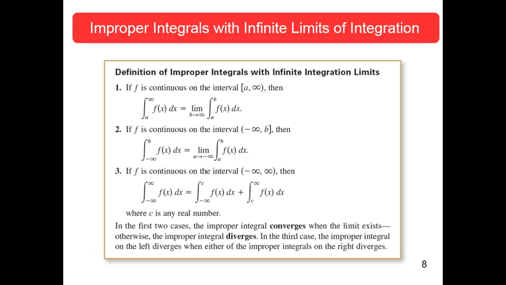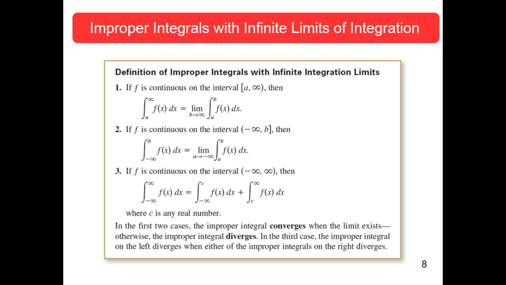If it's continuous throughout the interval from a to infinity, then the integral from a to infinity of f of x dx is the limit as b approaches infinity of the integral from a to b of f of x dx. Is it guaranteed to have a limit? No. So this is not guaranteed to be an actual integrable function. It's only if it has that limit as b approaches infinity, like the last one.